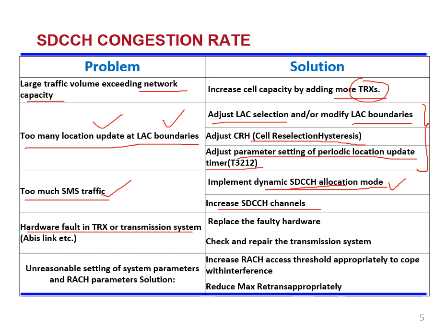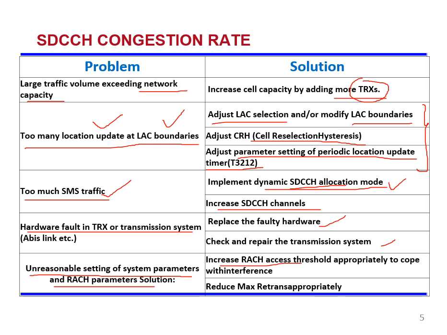Hardware fault. Whenever you have any hardware fault in TRX or transmission system, obviously you have to replace the hardware, and you have to check and repair the transmission system. Abis interface means the transmission link you have to attend. You have to check the optical fiber parameters or the media parameters, and you have to repair them. And if there are unreasonable settings of system parameters and RACH parameters, the solution is to increase the RACH access threshold appropriately.